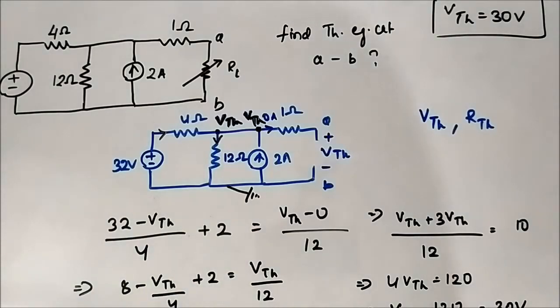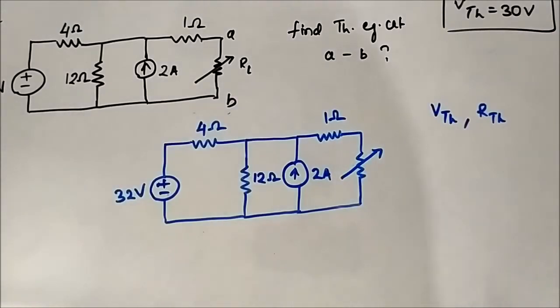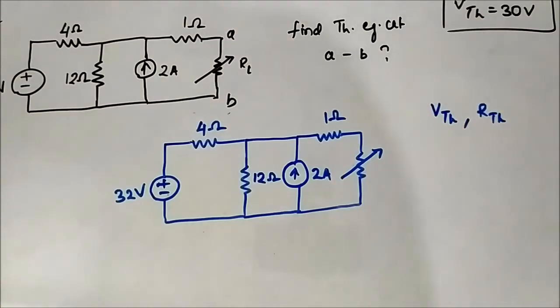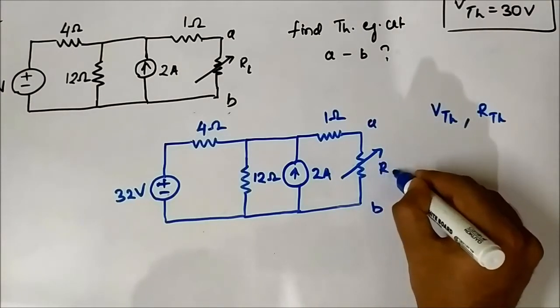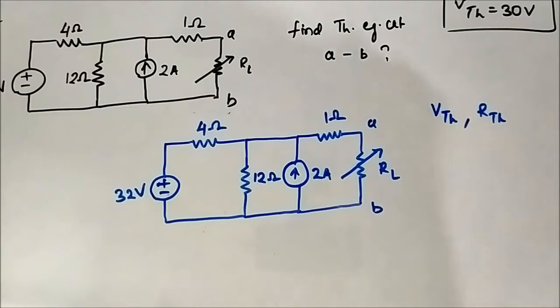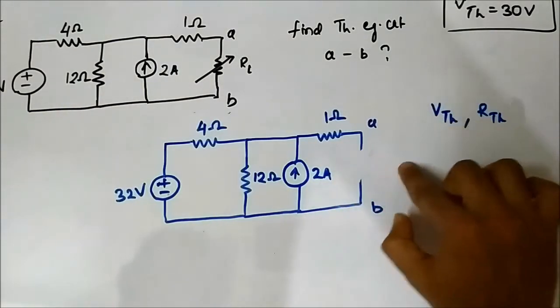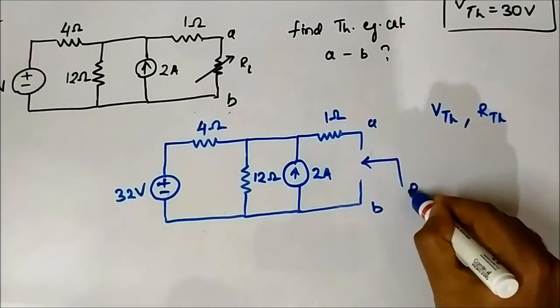Now we have to determine RTH. So now we'll do the second step, that is to determine RTH. Again, across these 2 points we have to determine RTH. Like we did in the previous question, to determine RTH across any 2 points, first we have to open circuit it, and then we have to find RTH across it.